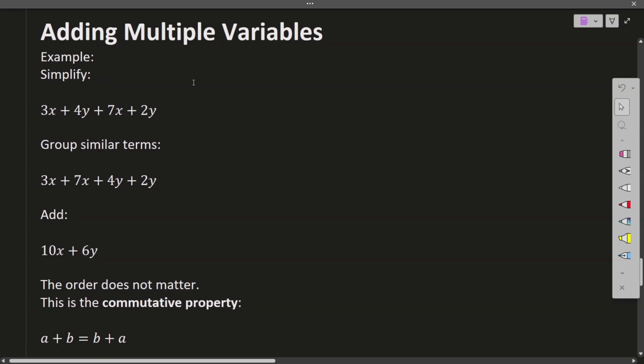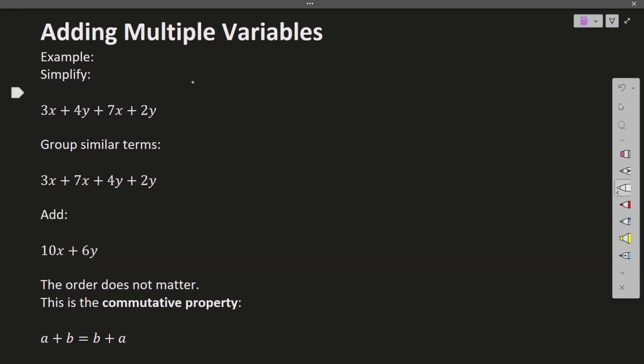So now let's add multiple variables. Let's remember our steps. Step number 1, identify the like terms. So here, 3x and 7x are like terms, and 4y and 2y are like terms. The ones that do not have the arrows connecting each other are unlike terms.